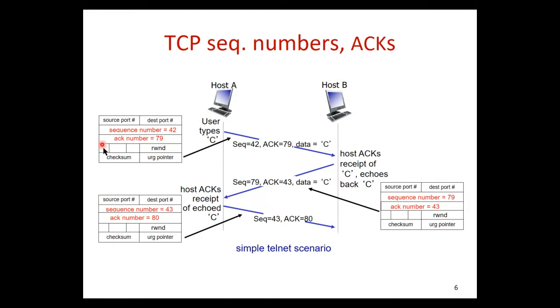So that data will have a TCP header attached to it. And here I just assume that the sequence number is 42. And previously, there's an implicit assumption that host A has received from host B up to byte number 78, right? Byte 78 has been received.